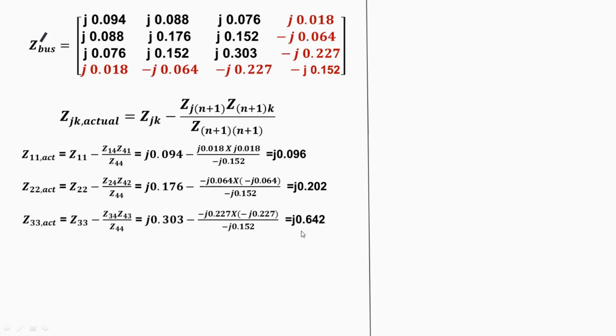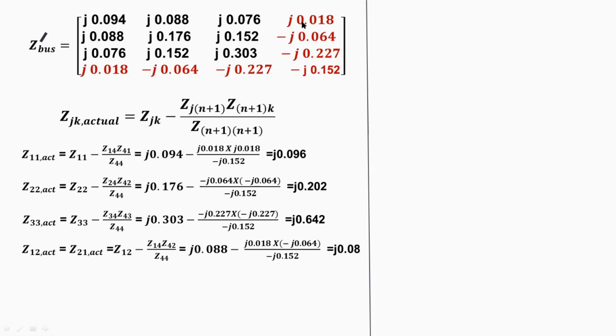Similarly, calculate Z33 actual. The Z33 actual value is j0.642. Z12 actual is equal to Z12 old minus Z14, Z42, whole divided by Z44. Substitute the values, the answer is j0.08.